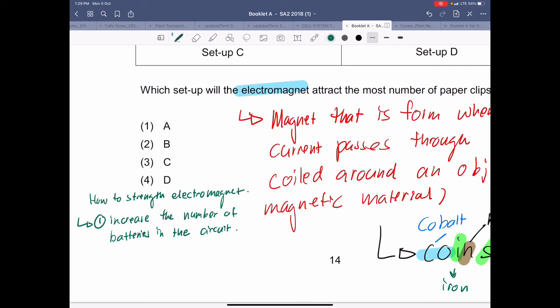The second way would be to increase the number of turns or coils of wire around the object that is made up of a magnetic material.